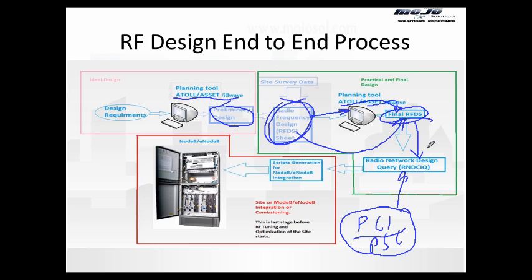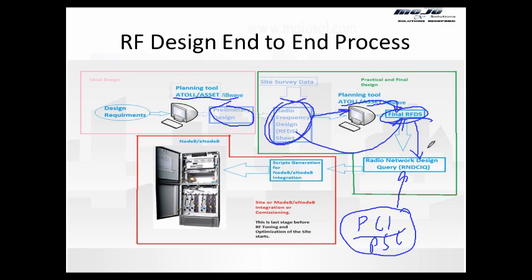What is RFDS basically? The main purpose of RFDS is to communicate with the site construction engineer how to build the site, what kind of node B will be there, what will be the tower height and all those details. Using this RFDS, we communicate all the information about site construction and installation to the construction team, installation team or site integration engineer.